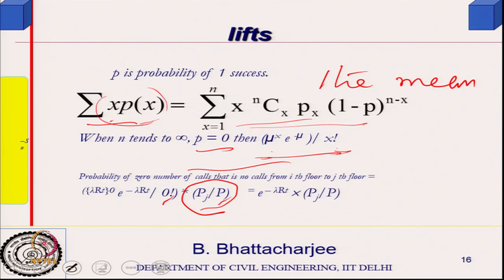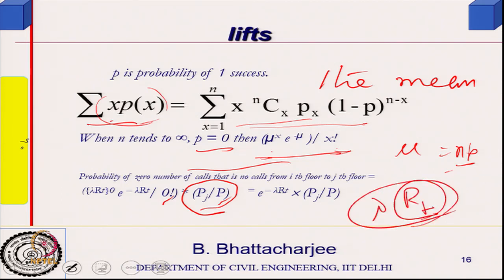Now, the mean in this case, as I said, is n into p. In our case, p was the rate of arrival: if RT is the round trip time, lambda RT is the number of people coming in during that period of time.